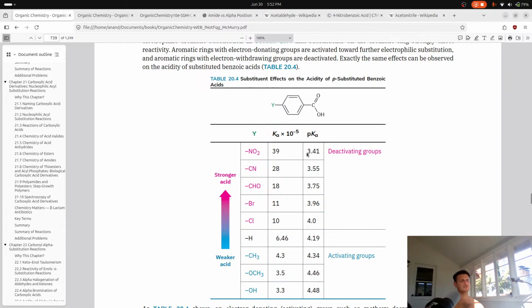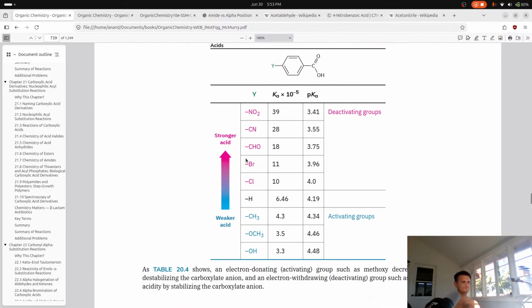Okay, and this is extremely acidic because it's a deactivating group, meaning that it's an electron withdrawing group. And so it's pulling density away, so then really the lone pair from a dissociated carboxylate could then resonance stabilize within the ring.